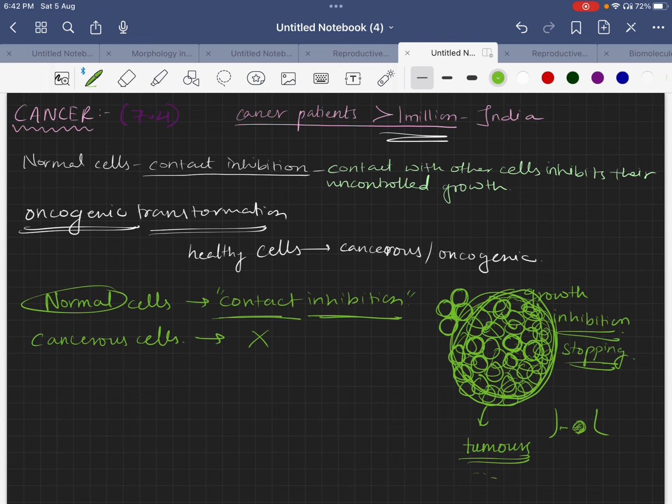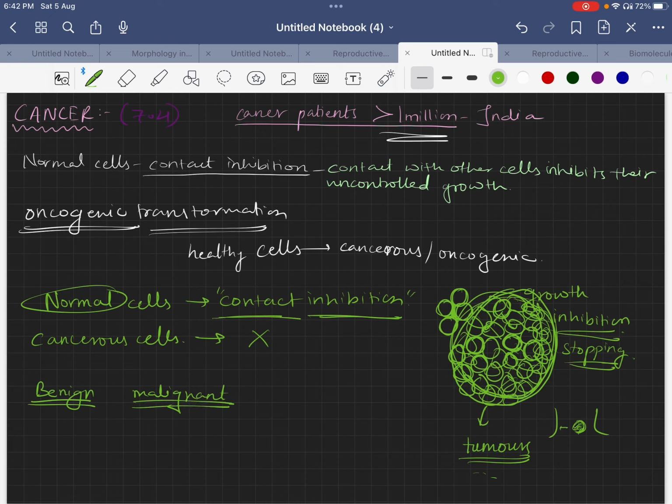Now, tumors have two types: benign and malignant. If you have watched Grey's Anatomy, you might have heard these terms, benign and malignant. I never understood them before, but now I know. Benign tumors normally remain confined to their original location.